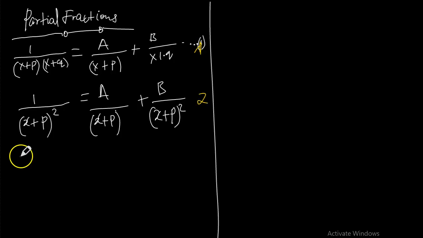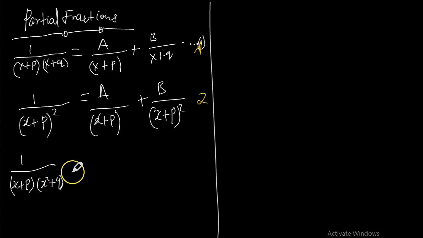So let's say we have x plus p, then x squared plus q, because one of the powers must be 2 in order for this to be quadratic.